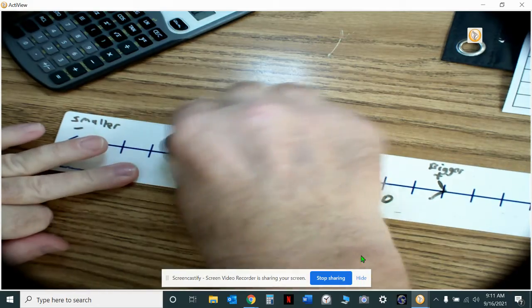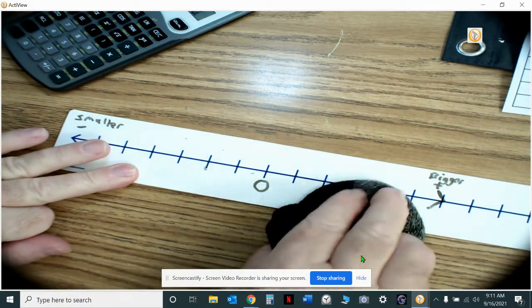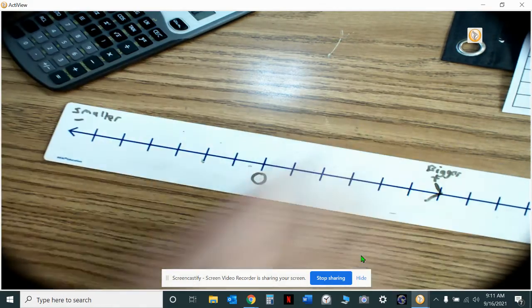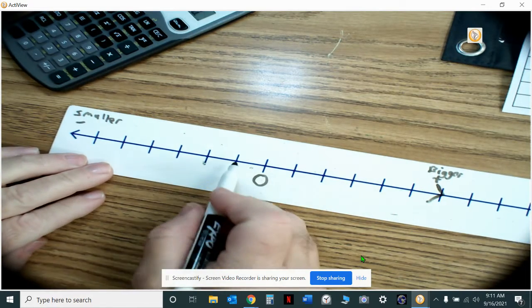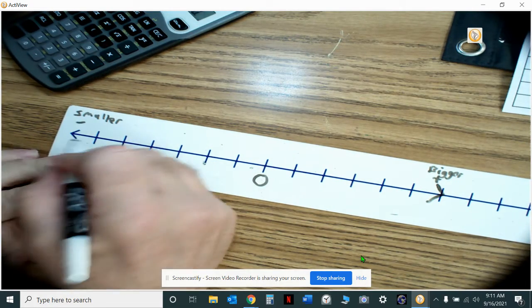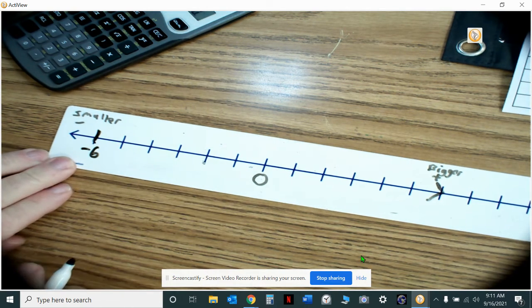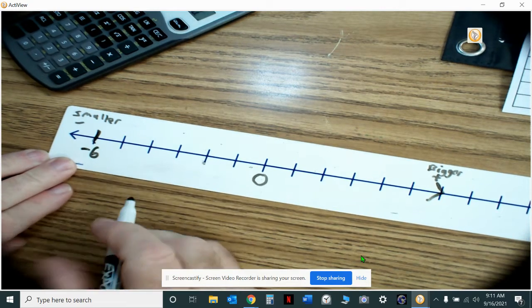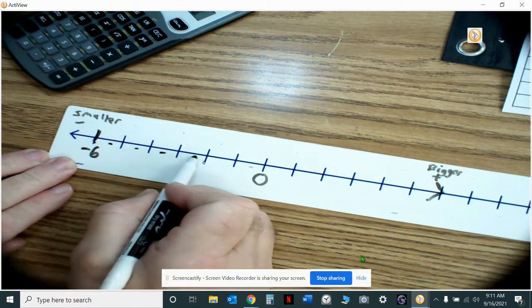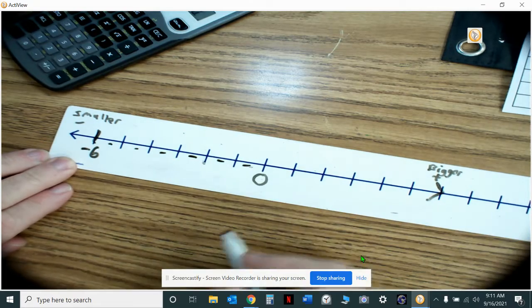I hope some of you are, and in class we'll definitely develop that pattern. It's really, really easy. Let's say I have negative 1, 2, 3, 4, 5, 6, negative 6. So I want to graph negative 6, and I want to know the opposite of negative 6. What does it take to get me back to 0? Well, 1, 2, 3, 4, 5, 6 in the positive direction.